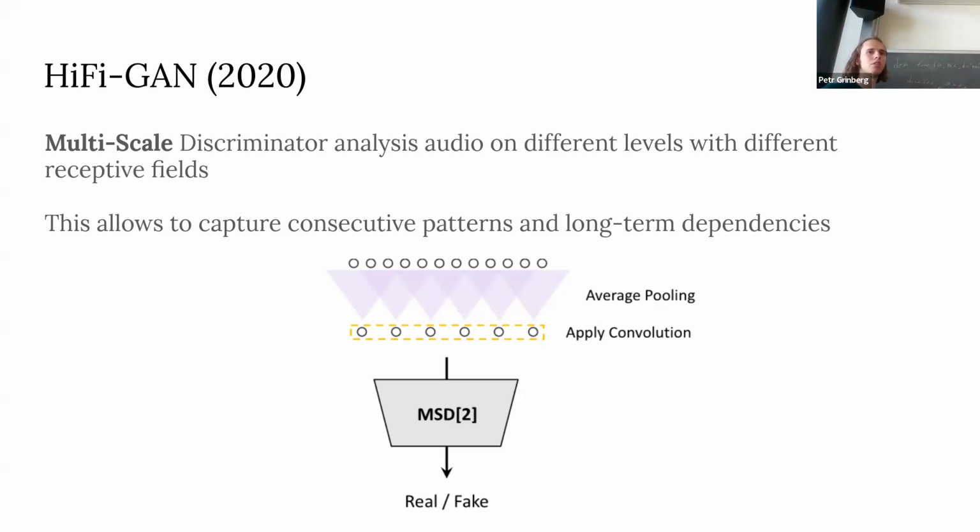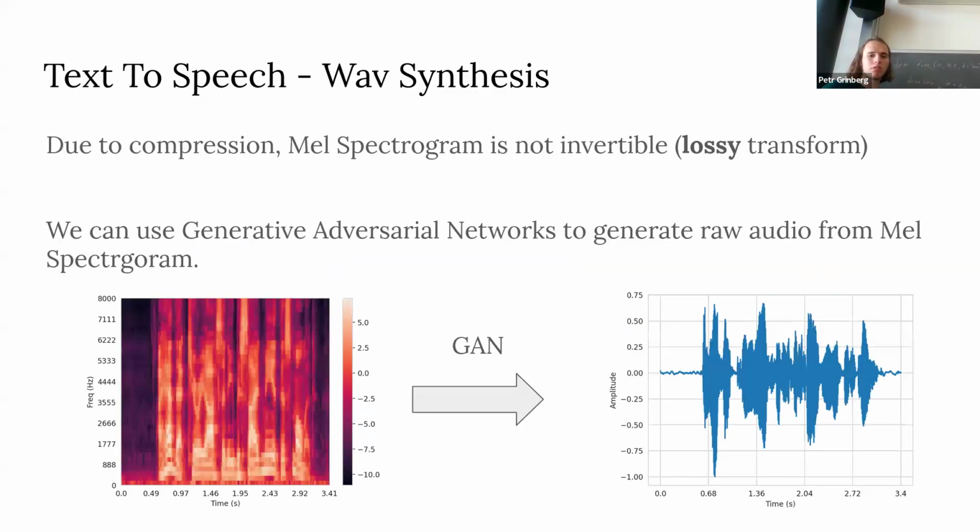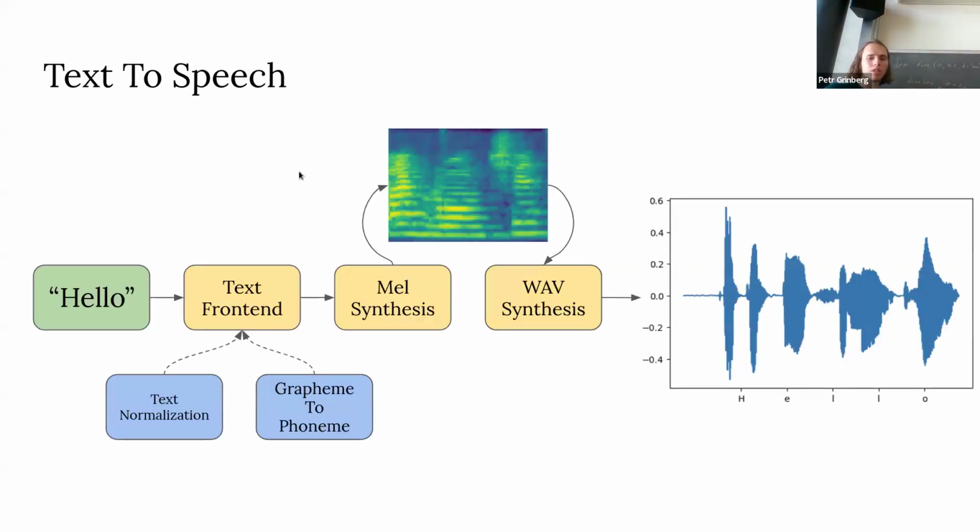And how would you use the generator if you don't? Because it seems like you already need a real audio sample. Yeah, so when you train wave synthesis, you forget about Mel synthesis and use real Mel spectrograms of an existing audio.